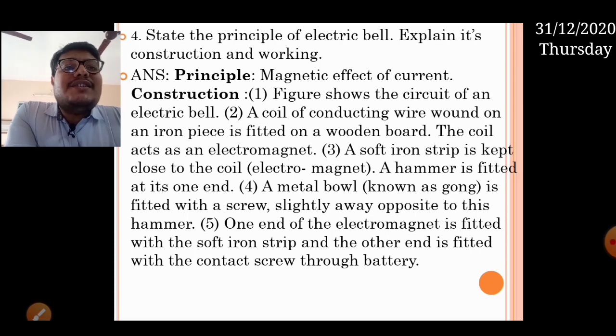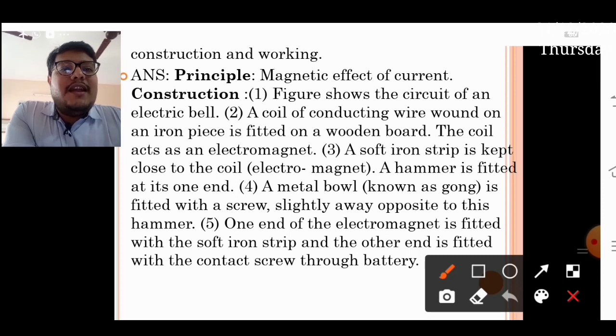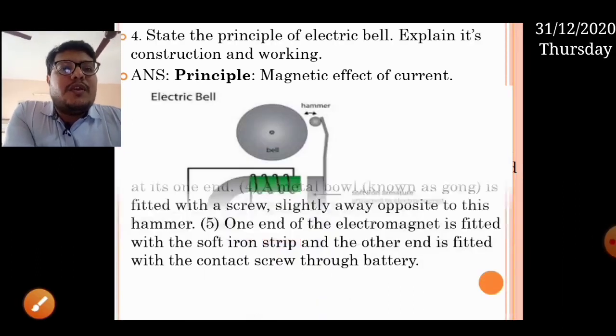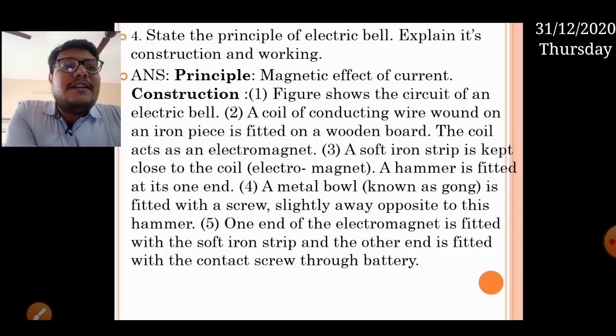A soft iron strip is kept close to the coil, which is the electromagnet, right? A hammer is fitted at its one end. Here we have seen that hammer fitted on the strip. Okay, see here, a metal bowl is fitted with the screw.